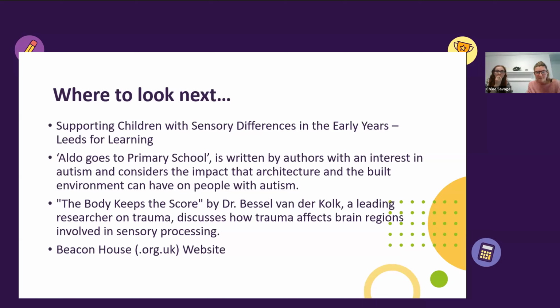And lastly is beaconhouse.org.uk, their website. They are again trauma informed, and they do some absolutely fantastic work. Some of the training courses on Beacon House are brilliant, and they discuss a lot around trauma and how that can affect students in the classroom and in the wider environments.